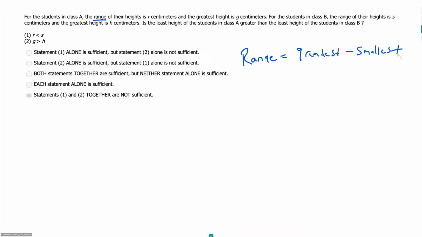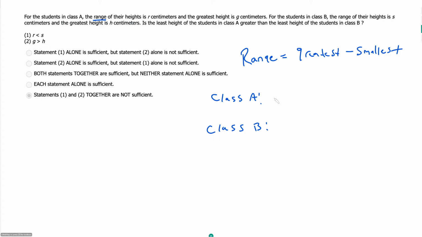So based on that, we can make equations for the ranges of our 2 classes. And so we have Class A, Class B, and what do we know? In Class A, the range of the height is r centimeters.